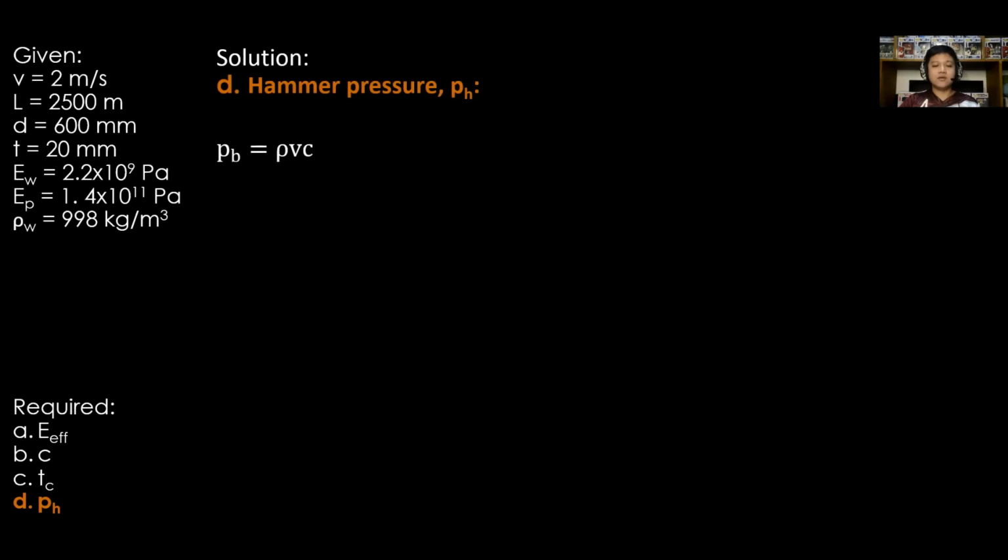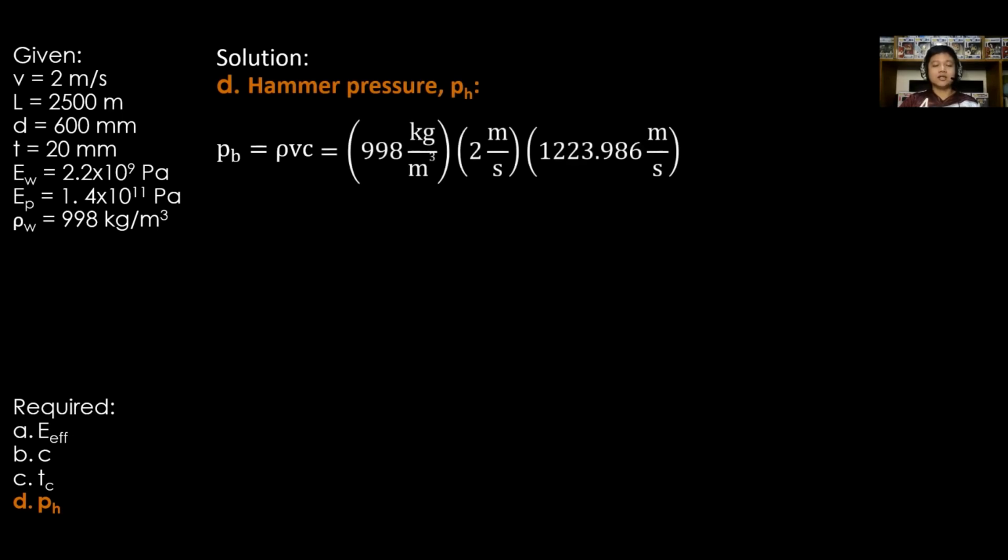And finally, for the hammer pressure due to this instantaneous closure, P sub B is equal to rho times V times C. Rho is 998, V is 2, C is 1,223.986 meters per second. If we consider the unit, kilogram meter per square second is already in newtons. Cancel out 1 meter. Therefore, for the denominator, the remaining unit is square meter.